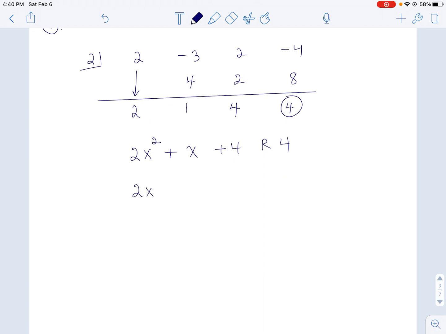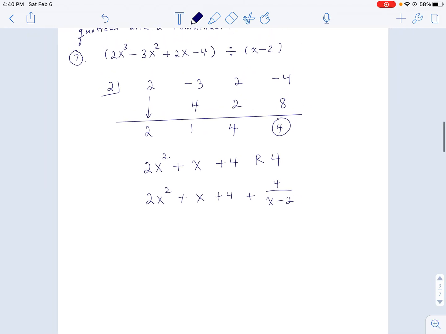That can also be expressed as 2x squared plus x plus 4 plus 4 divided by x minus 2. So whatever your remainder is, it gets divided by whatever you divided by. I know, sounds pretty clunky. Feel free to rewind if I'm confusing you at all.